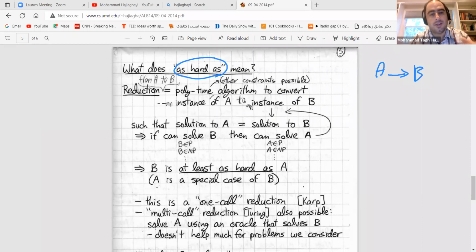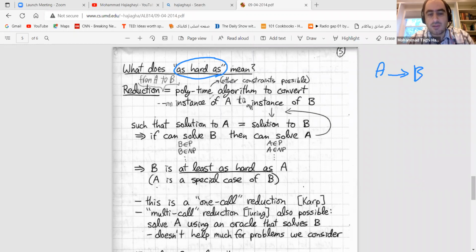A reduction from A to B means a polynomial time algorithm to convert an instance of A to an instance of B, such that the solutions to A and solutions to B become equal. Then what's the meaning of that?